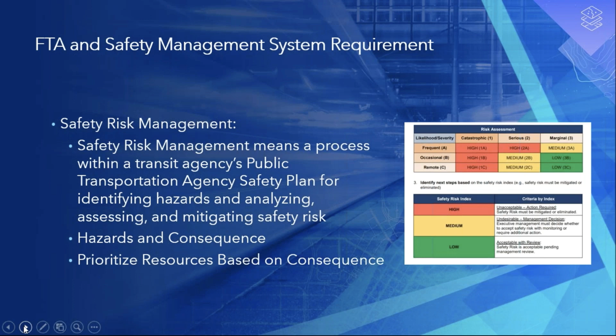Under a safety management system, the identification of hazards and safety concerns includes not only proactive measures, but also reactive measures such as investigations to ensure that the agency has a comprehensive view of safety risk. This is the first step in the safety risk management process.